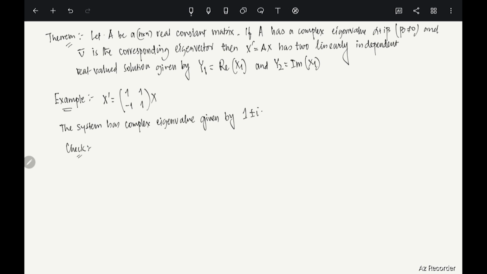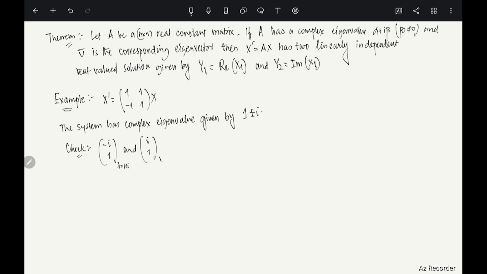I think it is okay. As far as I can calculate, Av equals lambda v, right? So if you calculate it, it should look like minus i and 1, and for 1 minus i, it should be i and 1, right? This corresponds to lambda equals 1 plus i, and corresponding to lambda 1 minus i, the sign should change.